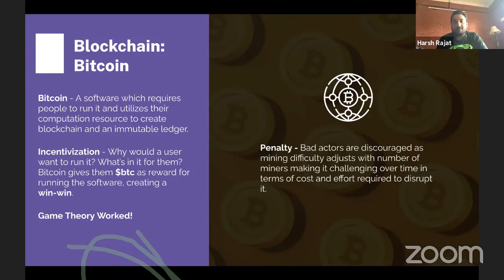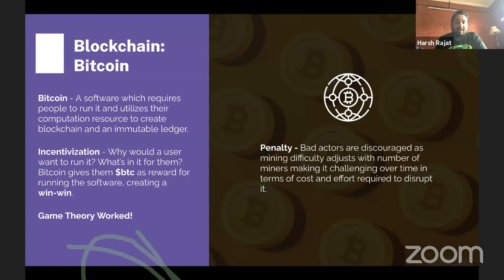In the early stages, they don't want supercomputers to run this Bitcoin software, because no normal user will have access to one, nor the motivation to run something on a supercomputer for something which hasn't even gained the form of money or digital money.